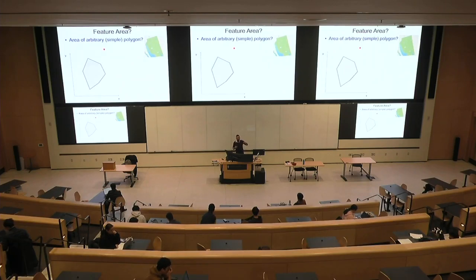And if it's a closed feature like this, like High Park, for example, then the first point is going to be the same as the endpoint in the list of points. If it's a triangle or a square, it's very easy to find its area. But if it's a polygon, it might be tricky. So you need to do some computational geometry here. Anyone knows how to find the area of a random polygon mathematically?